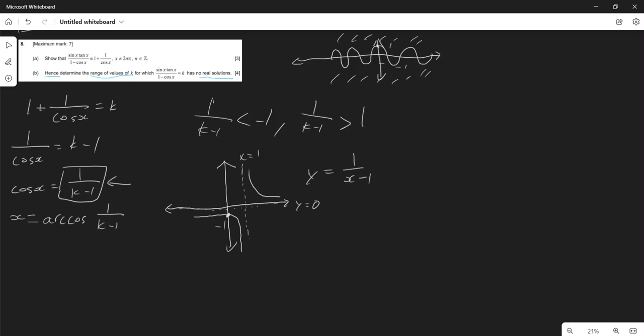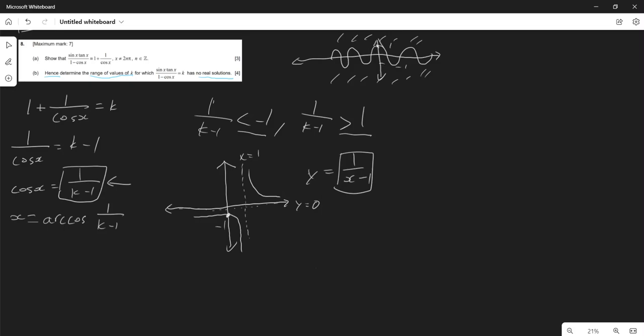And so what we want from this graph is for this right here to be less than negative 1 or greater than 1. First of all, the greater than 1 is easy. So greater than 1 would be just everything that's here. So remember, first of all, we want the y to be greater than 1. It's very important. If we want the whole function to be greater than something, then we want the y value to be greater than that value.